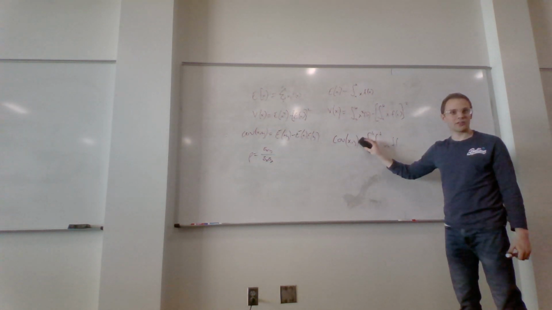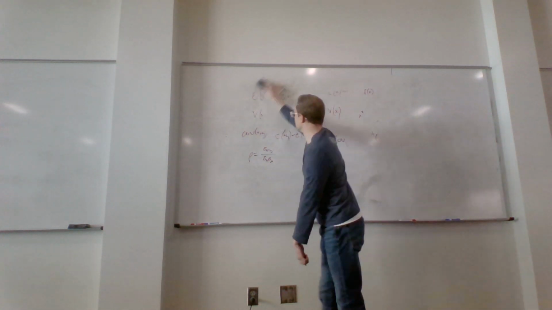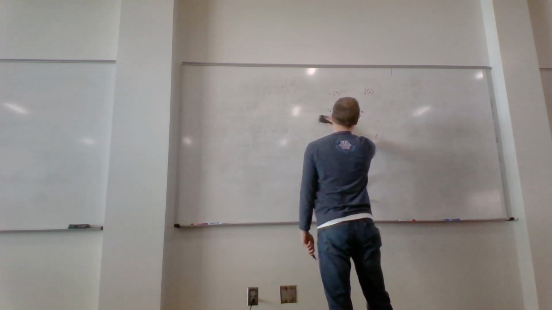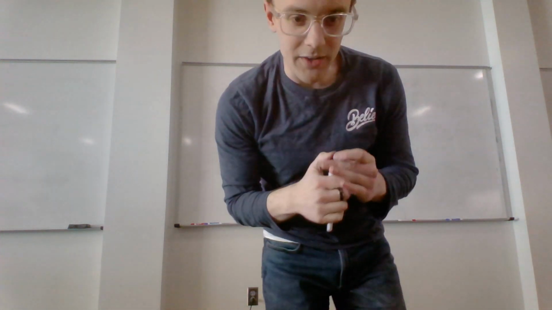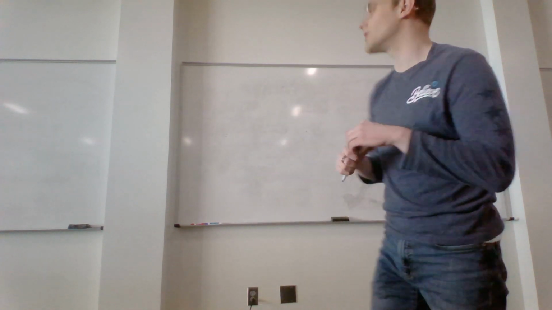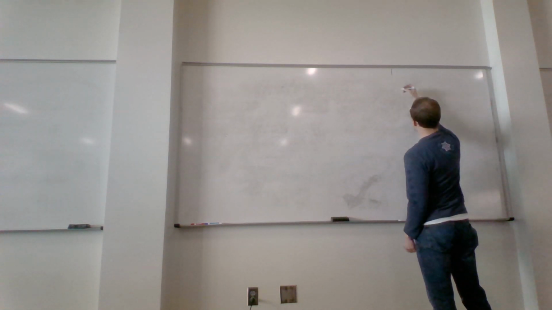Any questions about expected value, variance, covariance, correlation, all that stuff? All right, we're good. I'm going to talk a little bit about the different distributions you guys have seen. The first one is the most interesting and complex of them all.